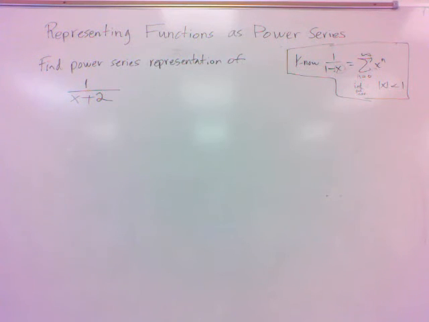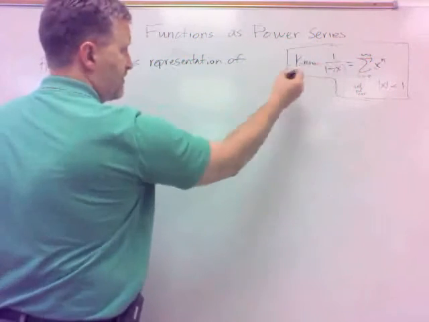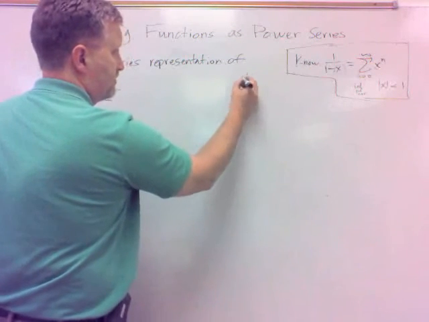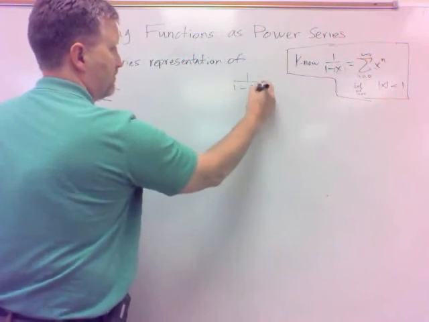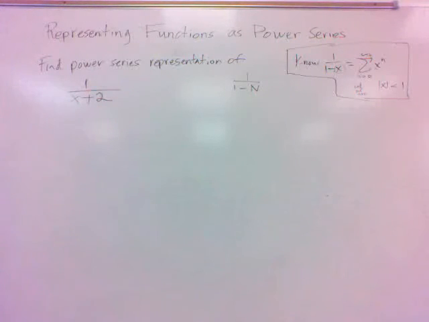Well, we have a little more work to do on this one. My goal is to have, like I had before, I need to have it in this format, but it needs to be more like that.